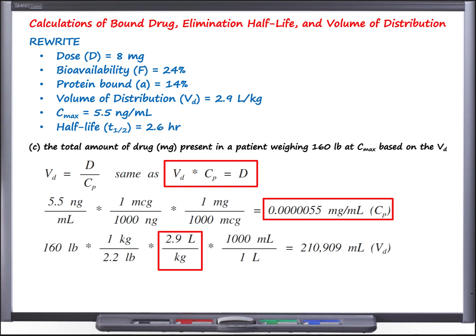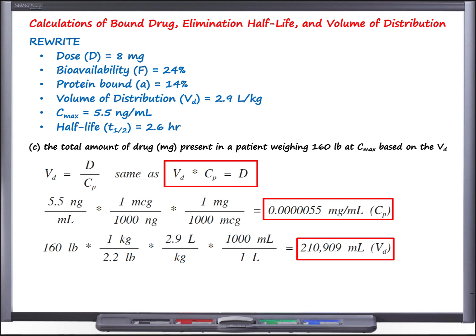The problem, I'll remind you, was that our plasma concentration is given in milligrams per milliliter. So I want to go further and convert my liters to milliliters by multiplying by 1,000 milliliters per liter. If I do that math all the way across, again I get a large number, 210,909 milliliters as my volume of distribution.